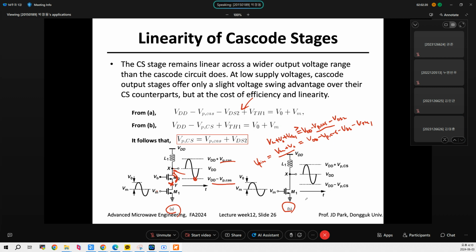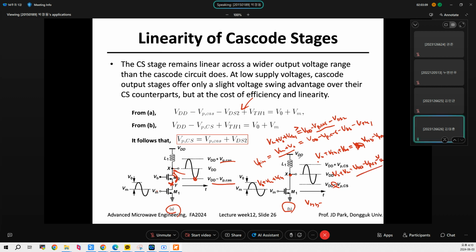For B, it's the same. VDD minus VP cascode at this point, and this is Vout plus V threshold 1 plus VM, which equals Vx, which is VDD minus VP cascode. Therefore, Vout plus VM equals VDD minus VP cascode minus V threshold 1.